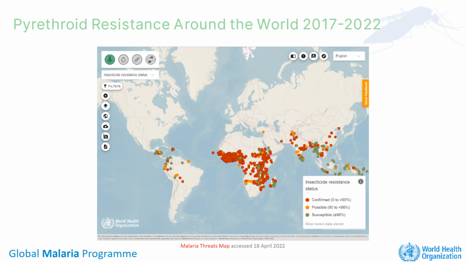This map also provides data on another class of insecticides, besides pyrethroids. However, because, until recently, ITNs only contained pyrethroids, the global malaria community has been particularly concerned about pyrethroid resistance. The link to the threats map is shown on the slide and should be consulted for the most up-to-date information.